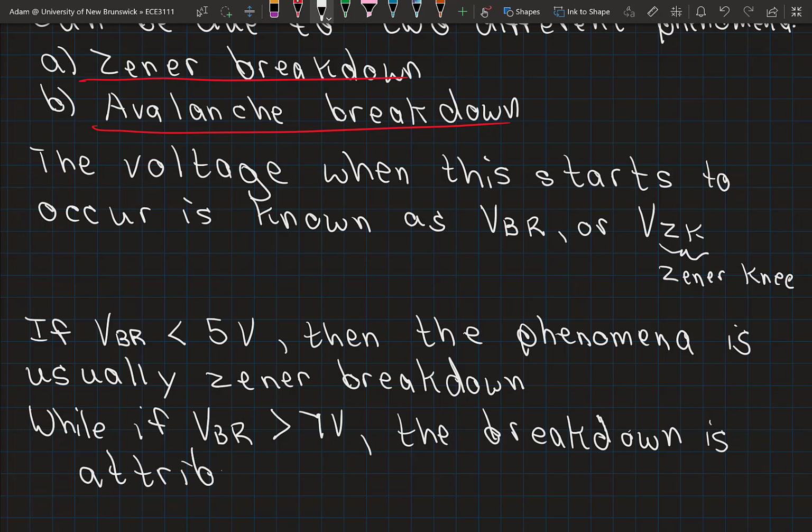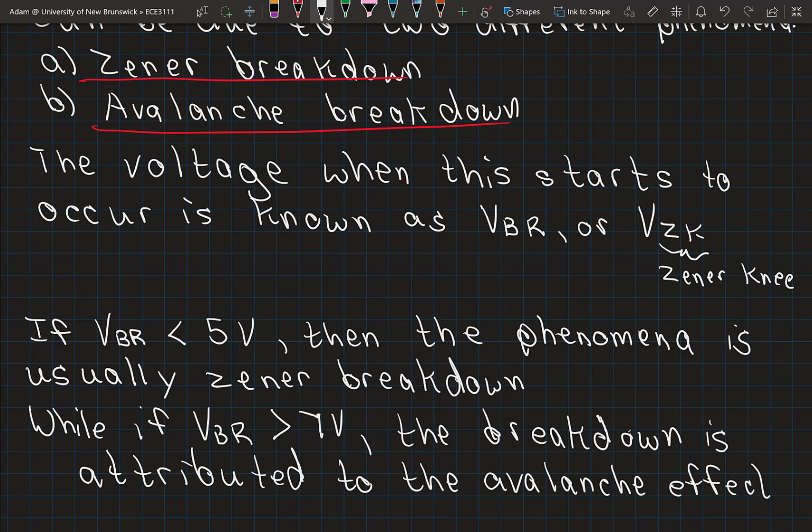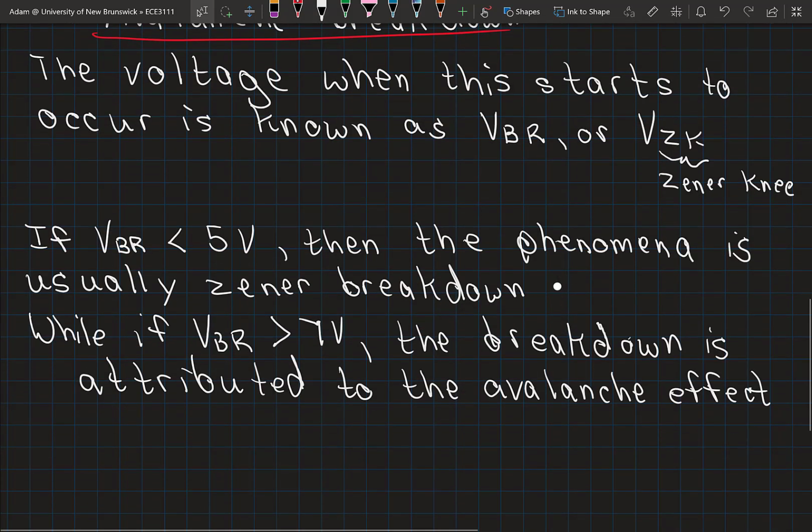And you're thinking, well, what about between 5 and 7 volts? It's not entirely clear whether it'll be Zener or avalanche, or possibly a combination of the two. But for the most part, we can assume if it's under 5 volts, it's Zener breakdown, and if it's over 7, it's primarily avalanche breakdown.